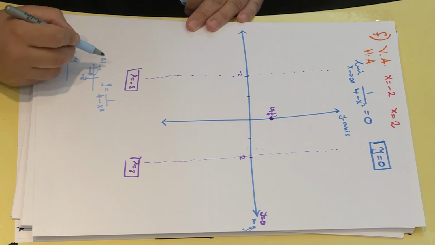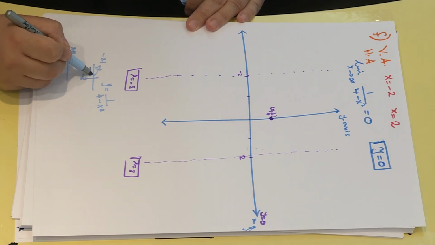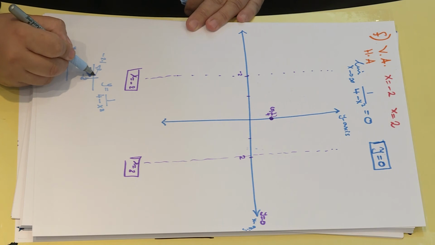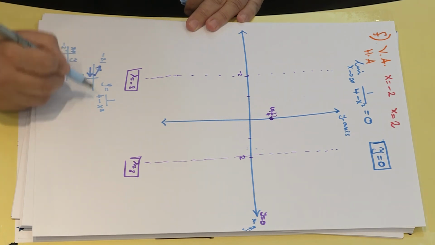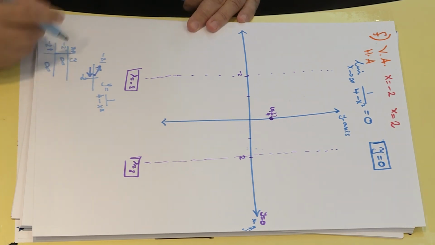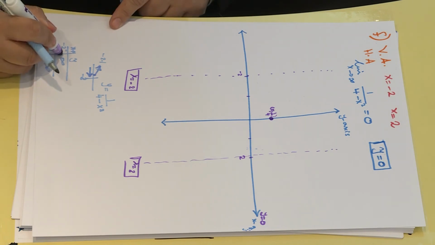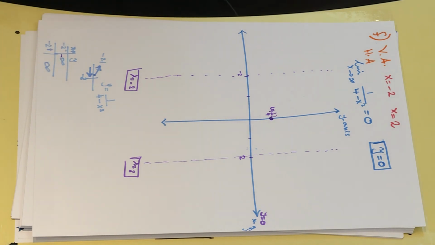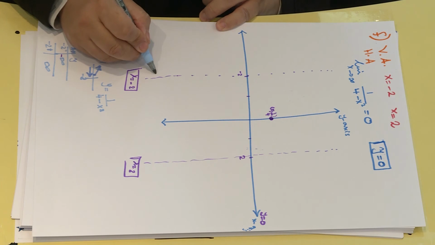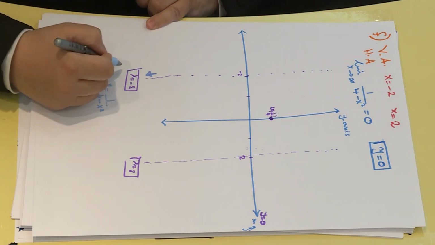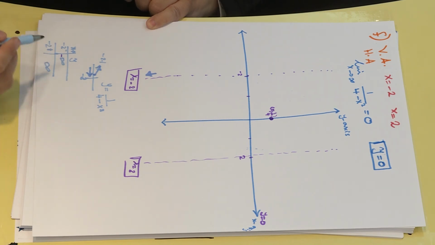Let's do it again. I'm getting closer to -2 from the left. I take a point -2.1. I plug it in here. I get a minus value, so there should be a minus sign here. So now I know that the end part of my curve should be here, going to minus infinity.